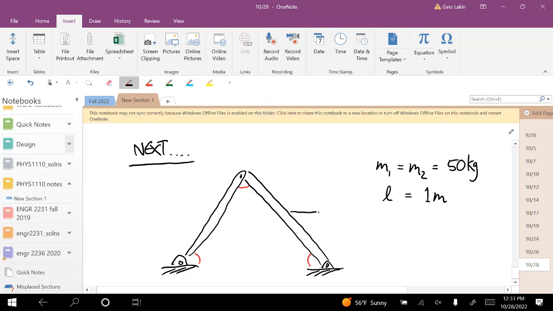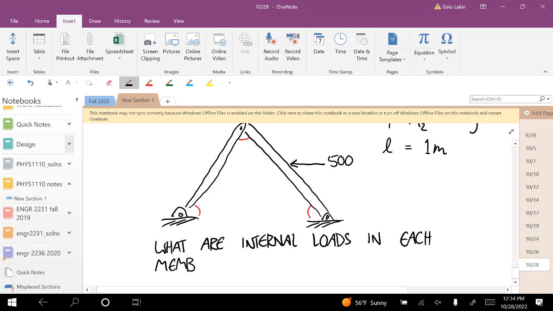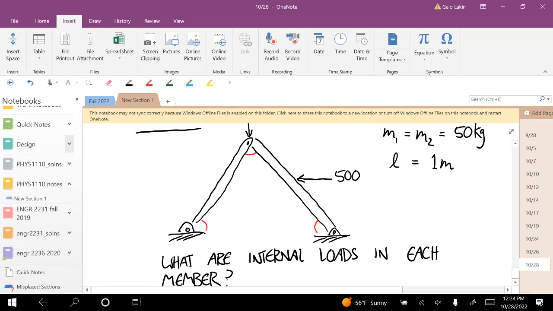And let's say that there's a force here of 500 newtons and a force here of 1,000 newtons. What are the internal loads in each member? Okay.